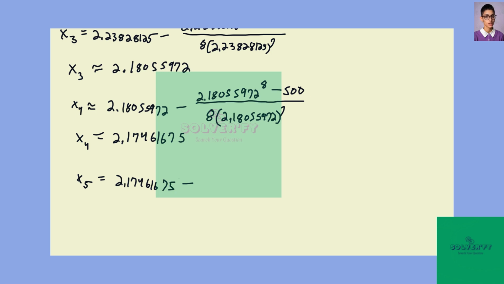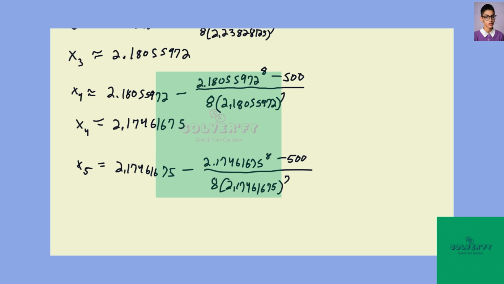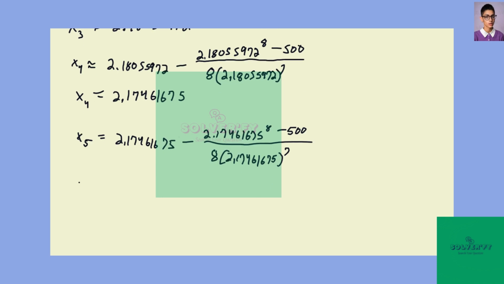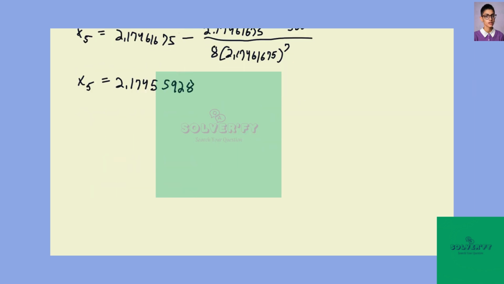Then that value raised to the 8th power minus 500 over 8 times that value raised to the 7th power. And that gives us the fifth value to be 2.174559928.